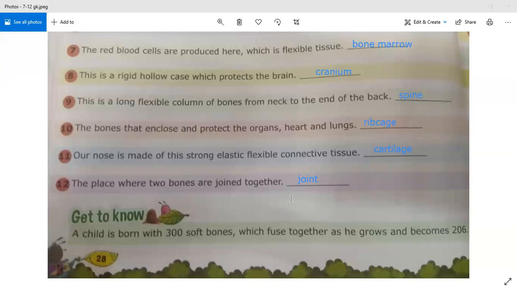But with the passage of time, some of the bones become joined, and some of the bones break also. At last, now that we are grown up, we have 206 bones in our body. Okay, students, is it clear to you?